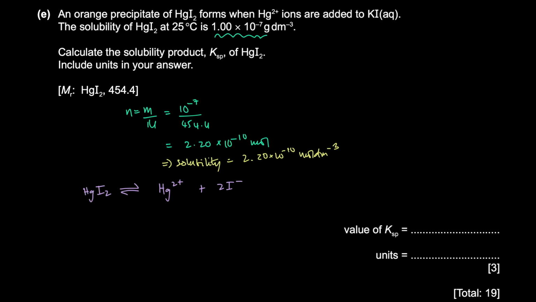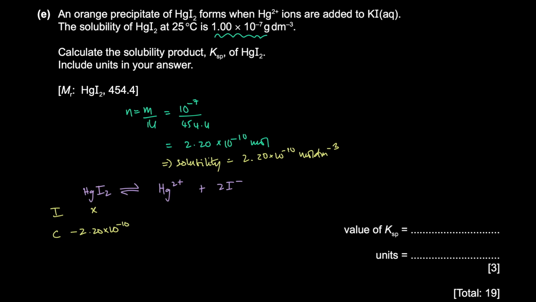We don't know how much we had, but what we do know for a fact is that the solubility is 2.20 × 10^-10 moles per decimeter cube. So let's say that we had X moles initially. We don't really care about how much we had initially. But we know at equilibrium, X moles per decimeter cube minus 2.20 × 10^-10 moles per decimeter cube dissolved.